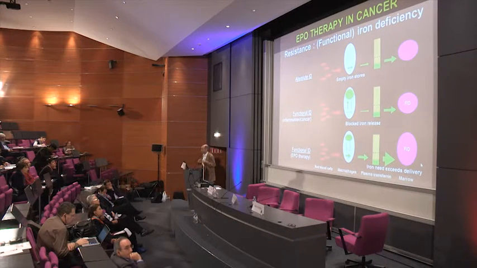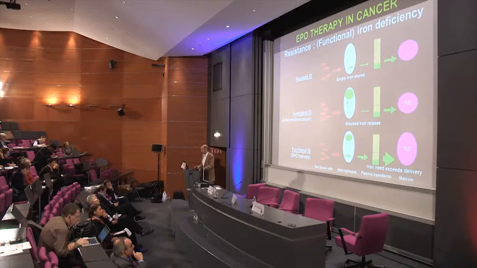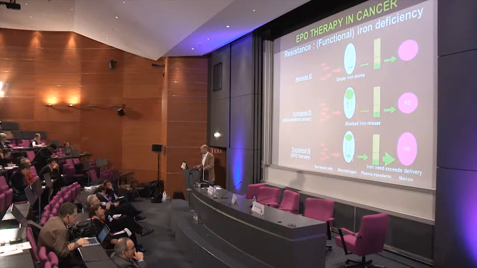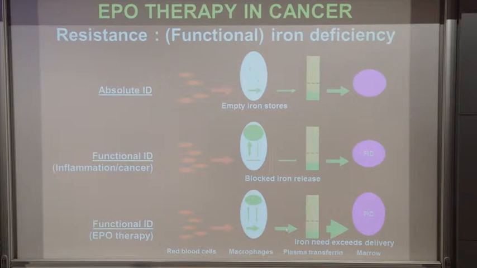In cancer patients on EPO therapy, functional ID actually results in the fact that iron need increases, and it cannot be met by the quantity of iron liberated in plasma transferrin.